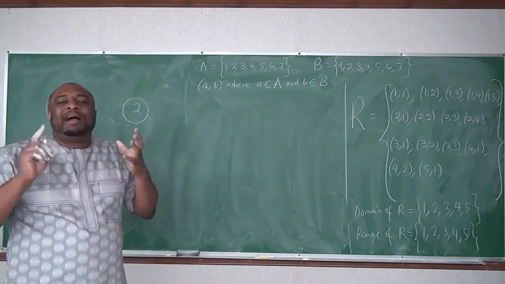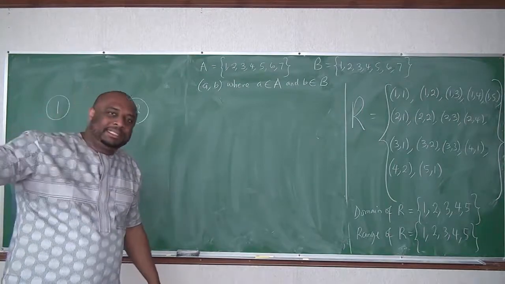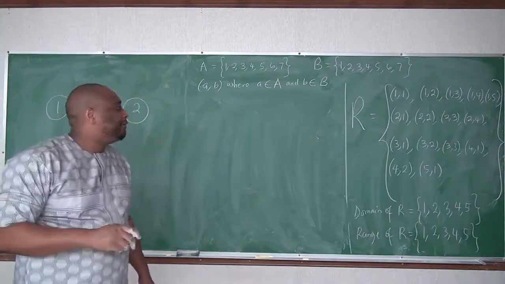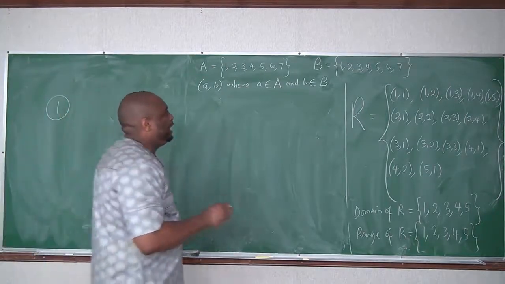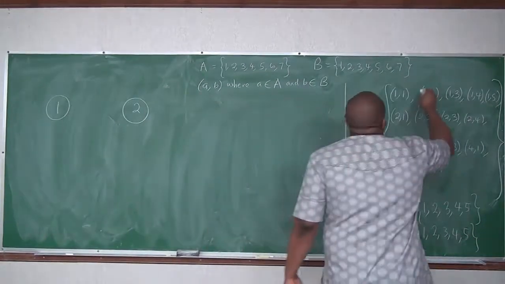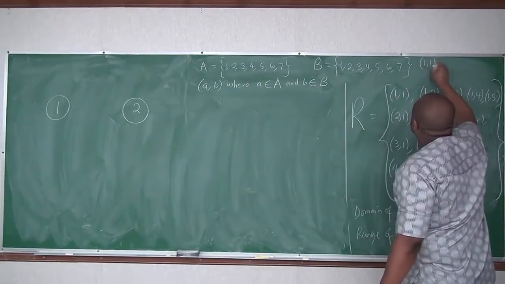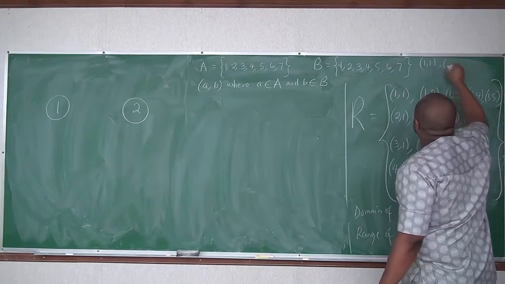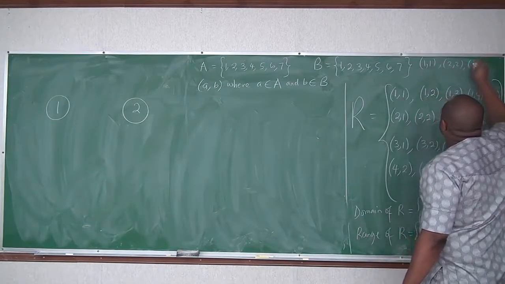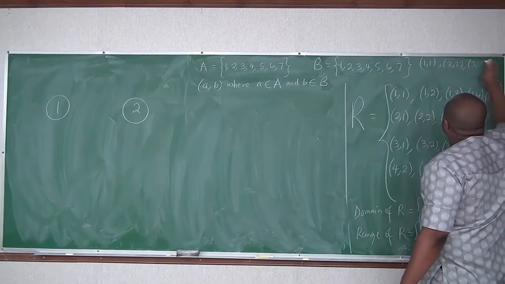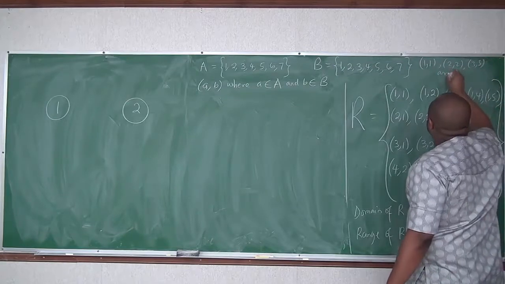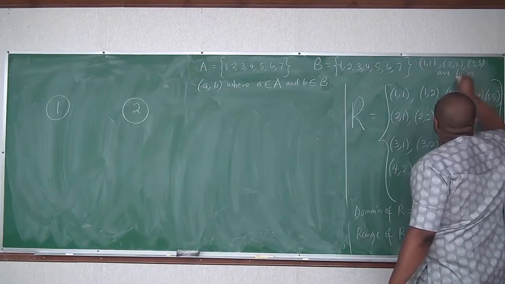So when you have a vertex that has an edge back to itself, it's called a loop. 1, 1, 2, 2, 3, 3. These are loops. We call them loops.